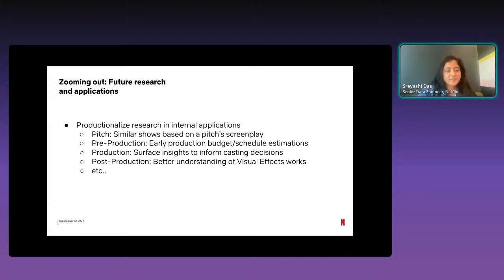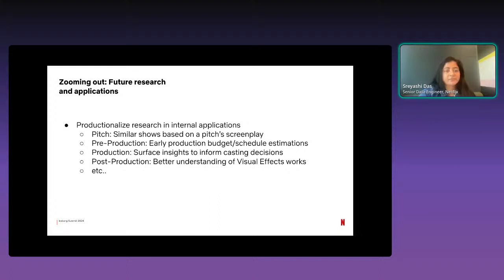So let's say you have all the tagging and the embeddings created. Where are those data sets actually used? They are used in a lot of places when a movie is being produced.